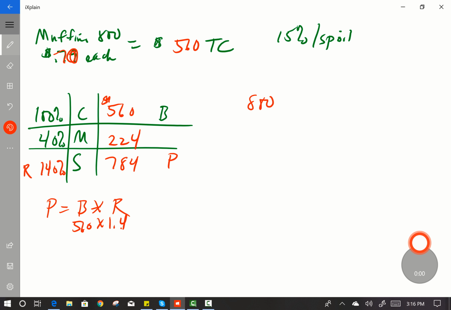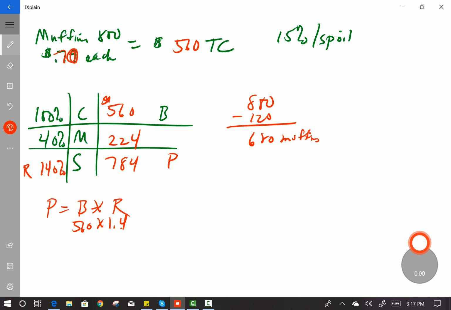And so that is 800 times 1.5, excuse me, 0.15. 800 times 0.15, after you move the decimal point 2 places to the left, equals 120. So that means we have 680 muffins left after spoilage.